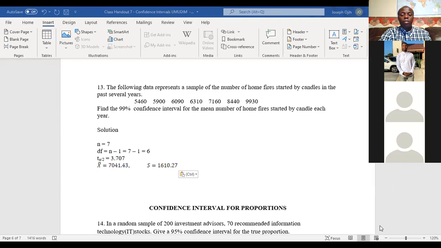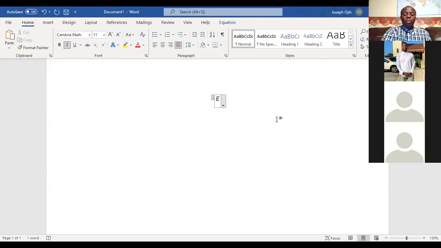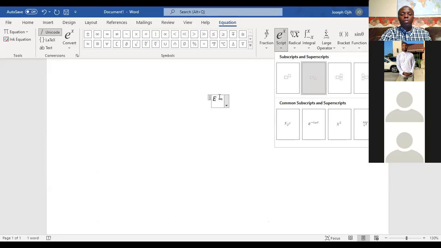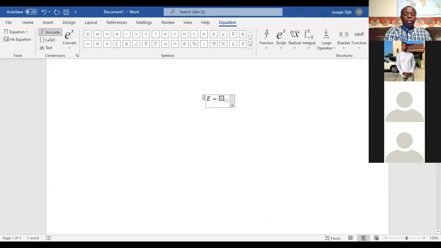The error margin will be E equals t alpha over 2 times your standard deviation over square root of n.